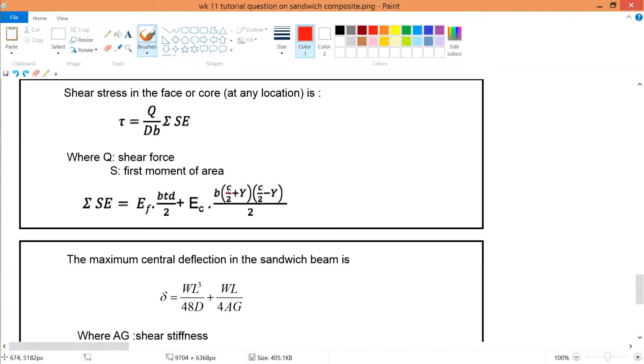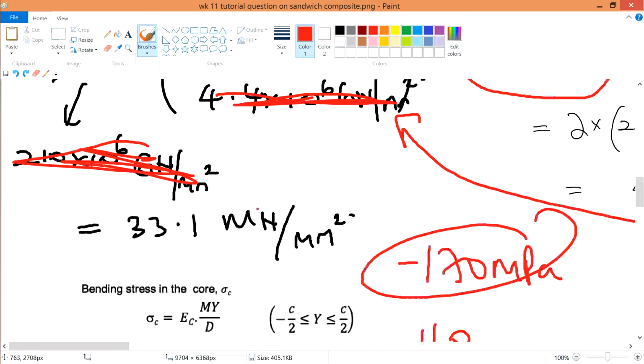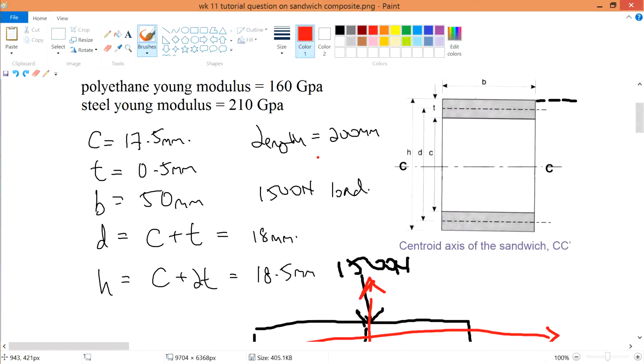Anyway, such a case may arise where the lecturer didn't use this one. He actually used this one only. So most probably he's calculating for the face, from this distance, the shear stress of this face.